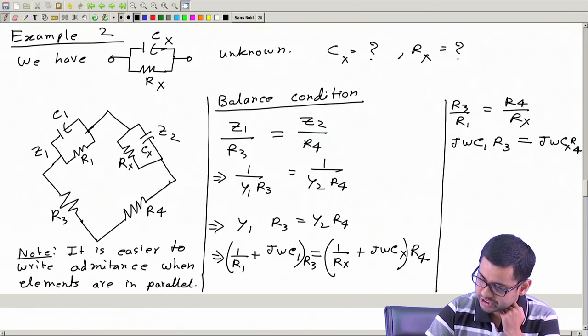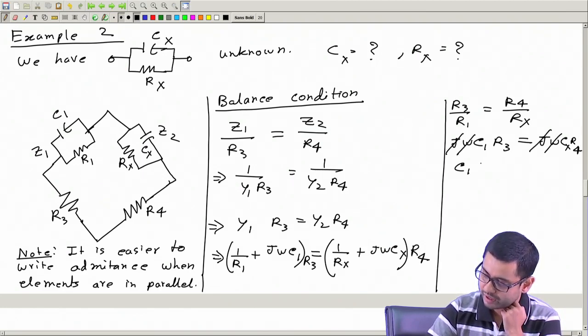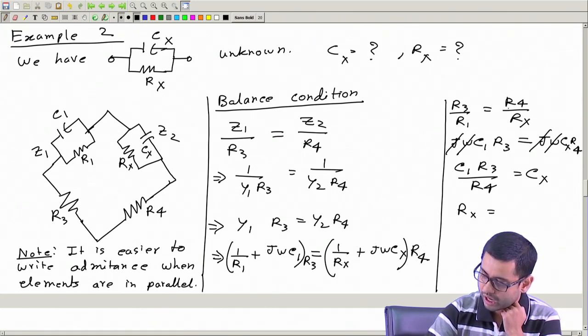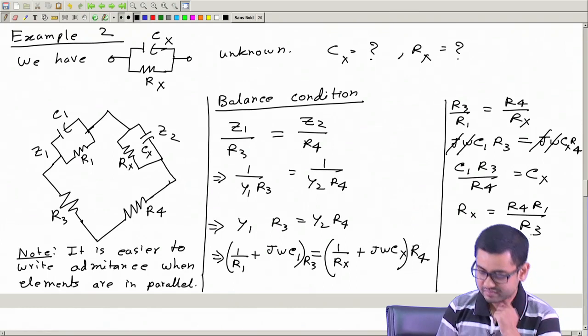Okay. Now, this j omega cancels. So, we have C1 R3. Okay. Let us bring the R4 here. So, this is equal to Cx, and Rx from this is easy. It is R4 R1 by R3.